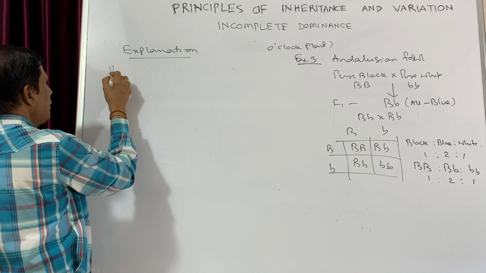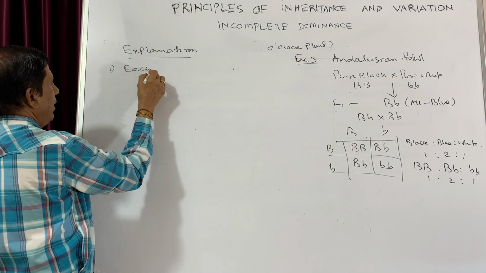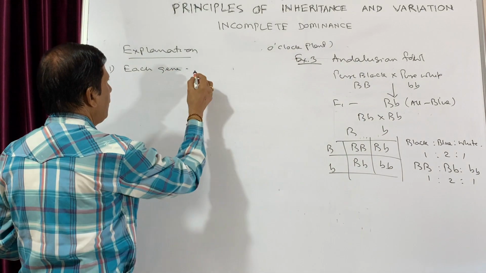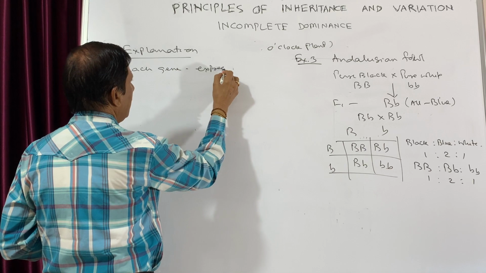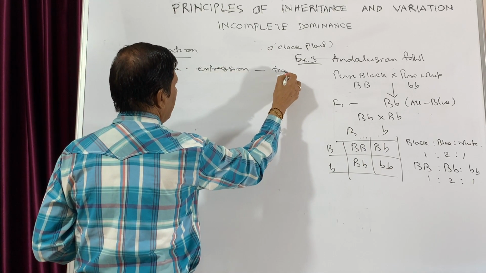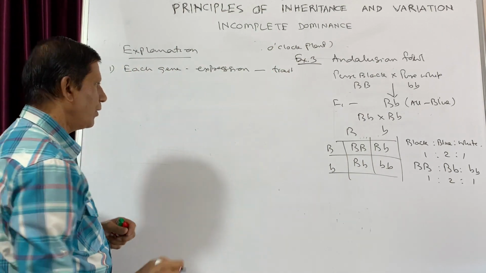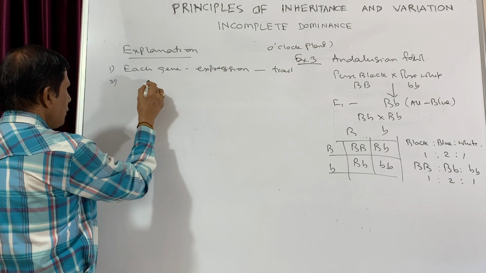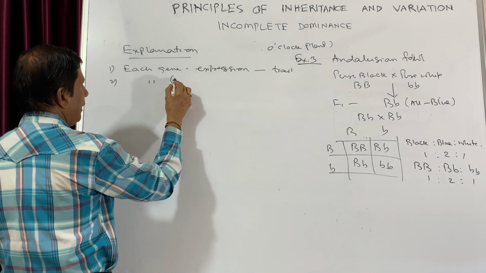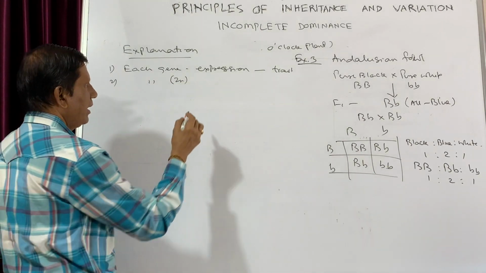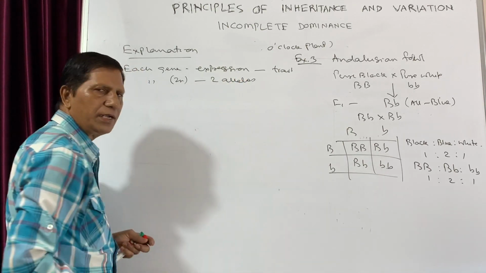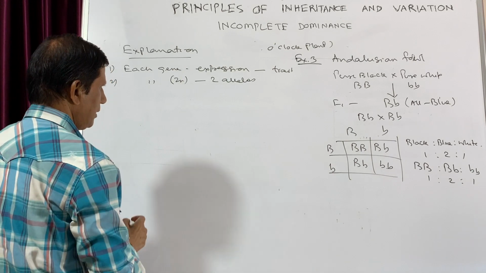That means each gene contains information for the expression of a particular trait. Now, each gene, when it is present in 2n condition, has two alleles.